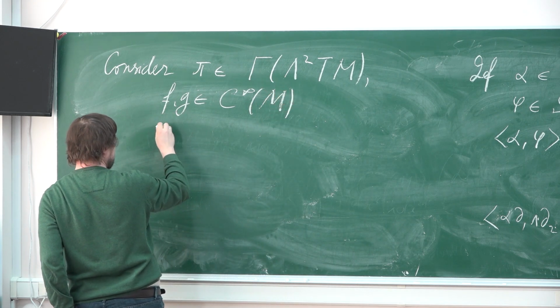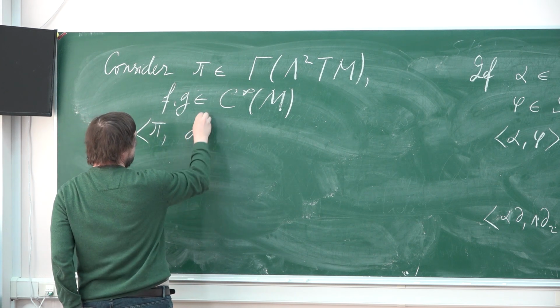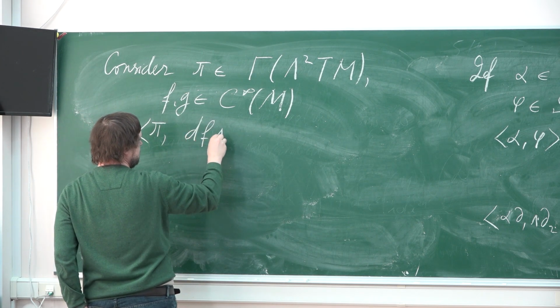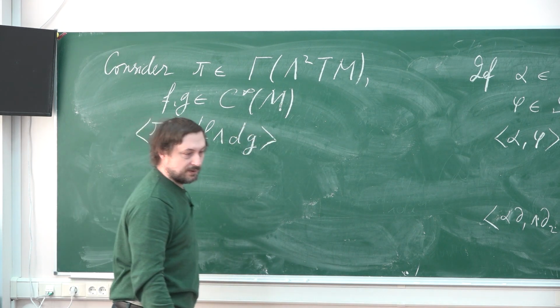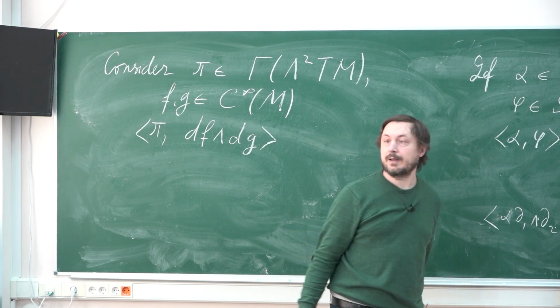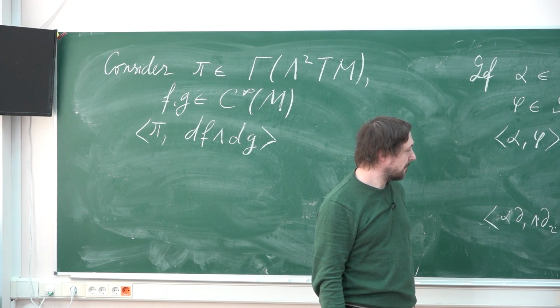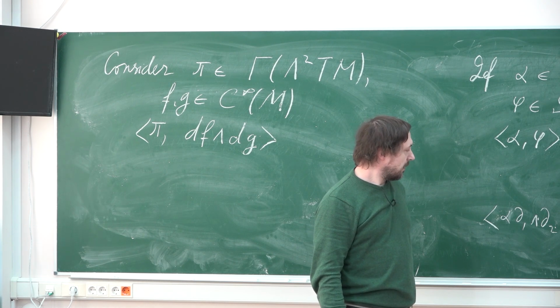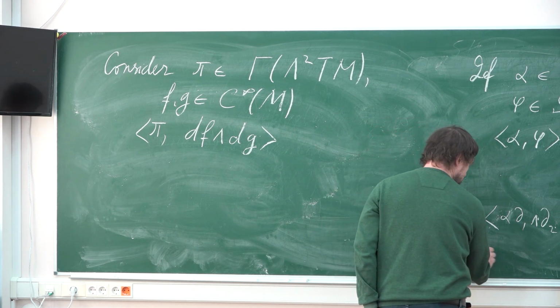Then, of course, what we can do is pair this pi with the differential form df dg. Take this natural pairing. Sorry, could you repeat how one evaluates, let's say, the derivative with respect to coordinate 1 with derivative with respect to 2? I mean, the differential forms?